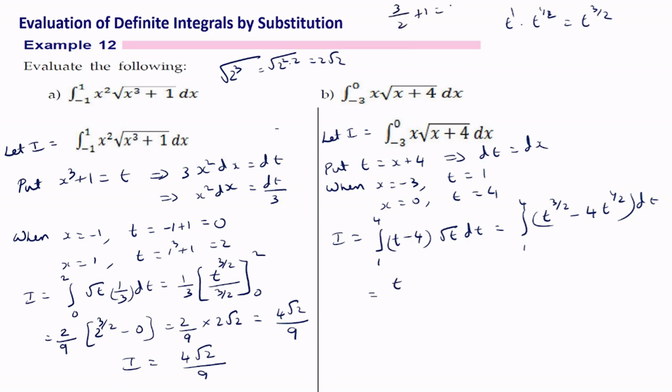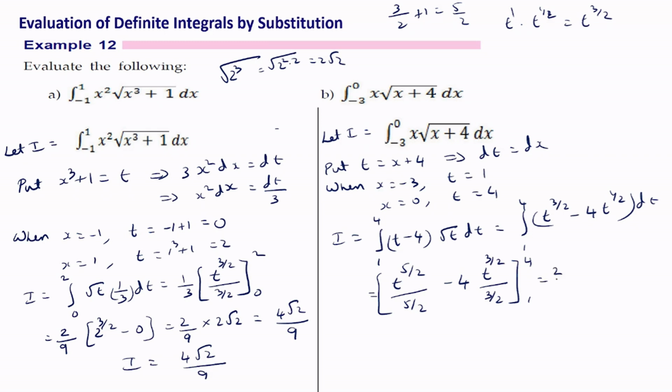So 3 by 2 plus 1 is 5 by 2. So t raised to 5 by 2 upon 5 by 2, minus 4 into integral of t raised to half dt, which is t raised to half plus 1 by half plus 1. So it is t raised to 3 by 2 by 3 by 2 with the limits 1 to 4.